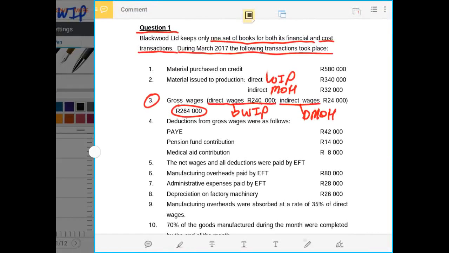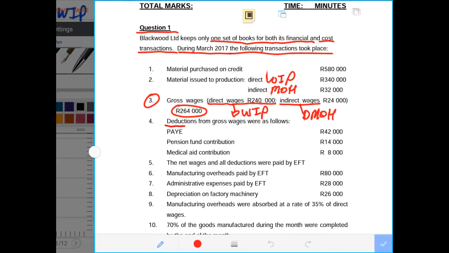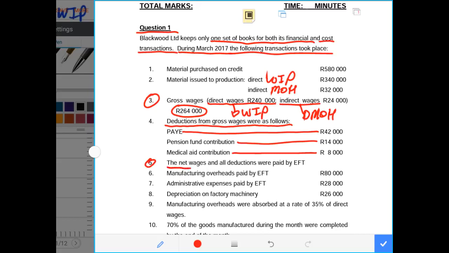It says to us that deductions from the gross wage were as follows. We had pay as you earn, we had pension fund, and we had medical aid contribution of 8,000 rands. And it says under the next entry, number 5, that the net wages and all the deductions were paid by the EFT. So we paid the full amount of the gross wage.